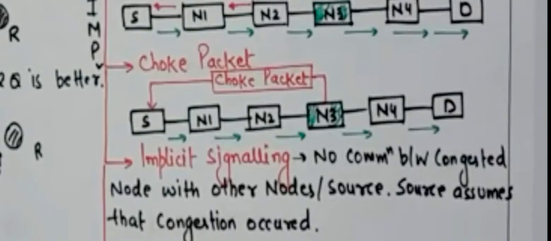By receiving the choke packet from N3, the source will decide: okay, my packets have collided at the N3 network, the N3 router, so I need to stop my transmission. So this is a choke packet.